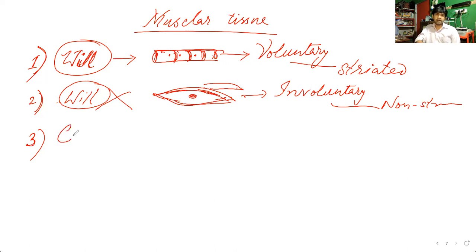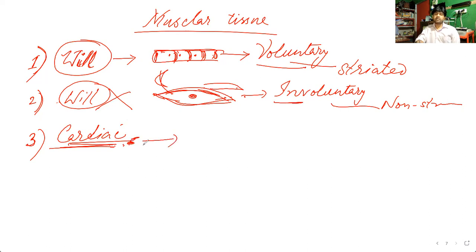The last one is the cardiac muscular tissue. So what is the specialty of this tissue? It is actually the combination of these two. The cardiac muscle has some characteristics the same as the voluntary muscles, and some the same as the involuntary muscles. So it is a combination.